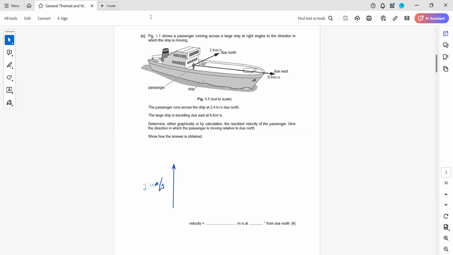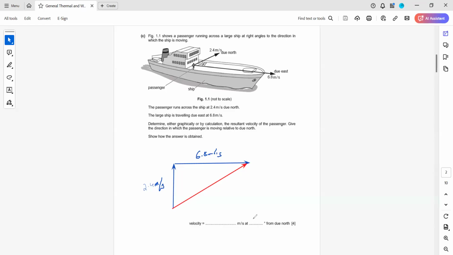Then we will draw 6.8 meters per second. What will be our resultant? Our resultant will be from the tail of the first to the head of the last.